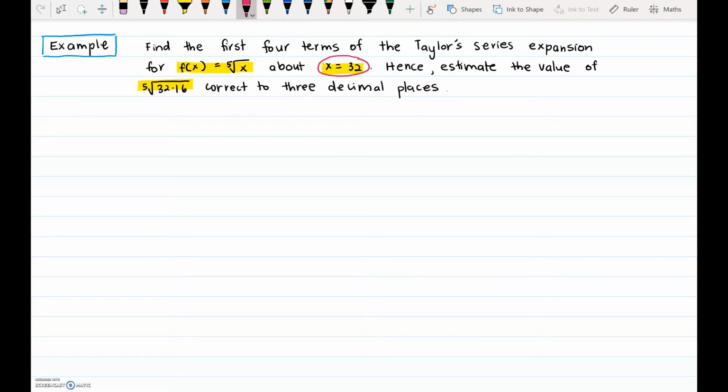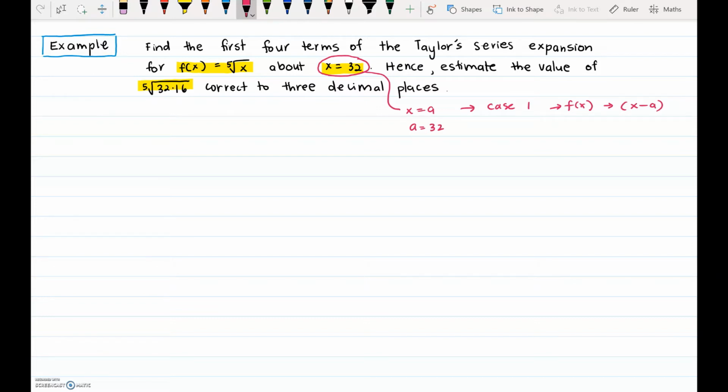So please remember, if you have to find the expansion of f(x) about x equals a, meaning here you will use case 1, which is the expansion for f(x) in the form of x minus a. So in here your a is equal to 32.